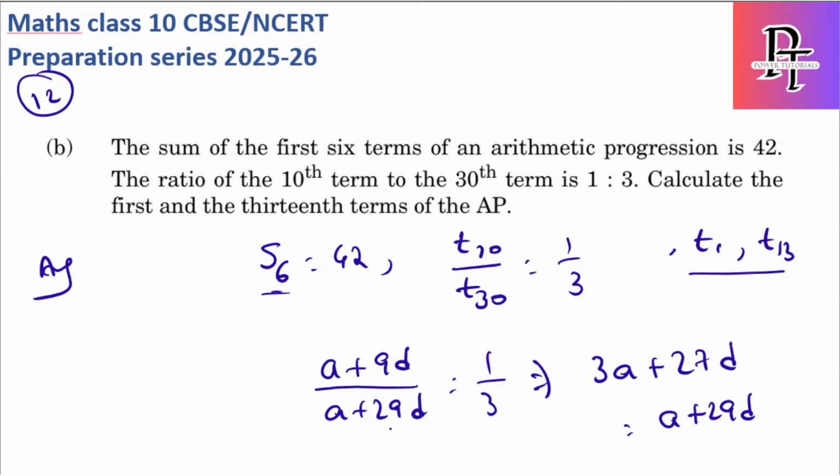So 3a minus a is 2a, and 2a is equal to 29d minus 27d, which is 2d. So simply I get a equal to d. This has reduced our calculation because we got the a value as d.